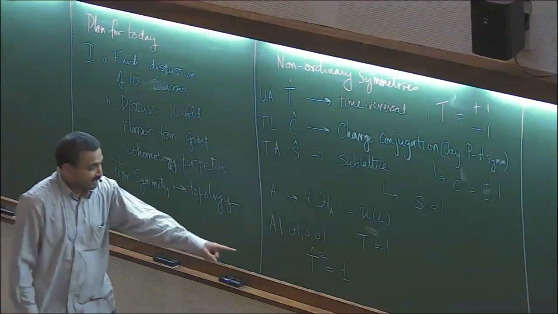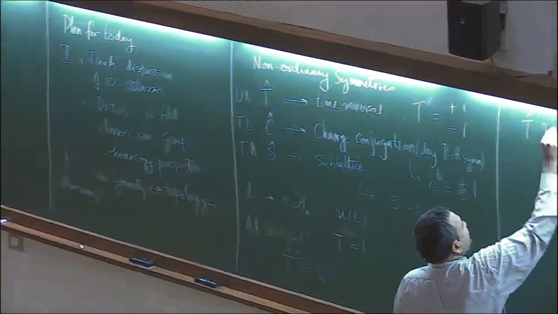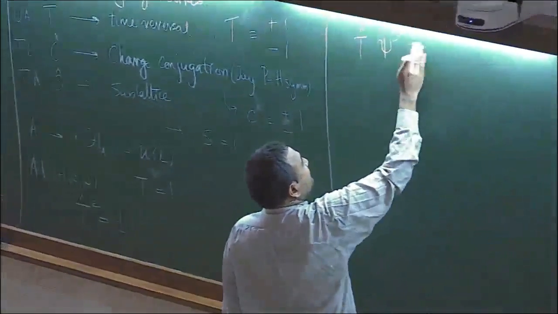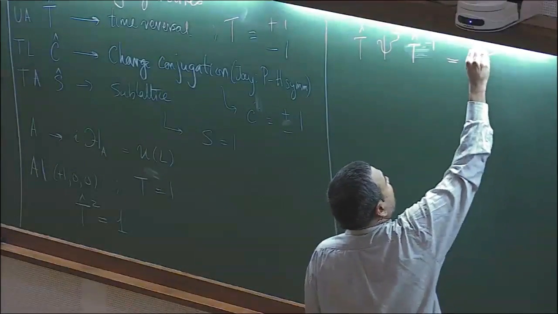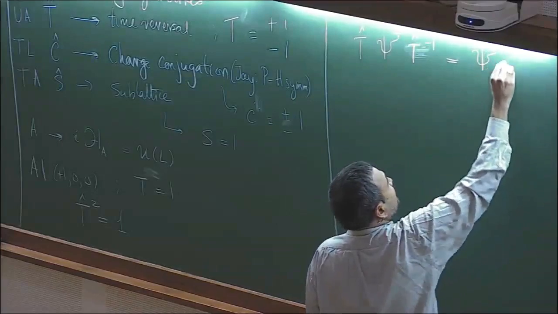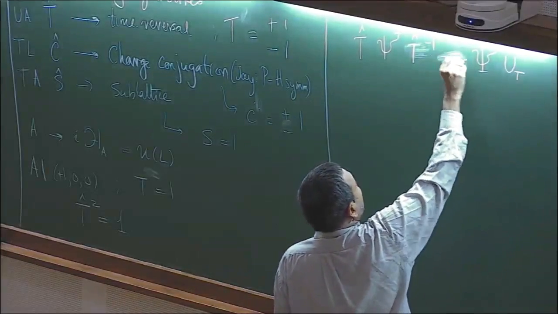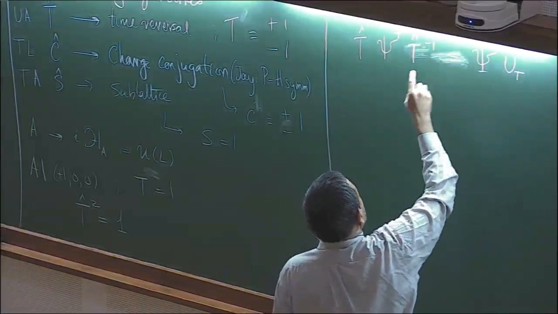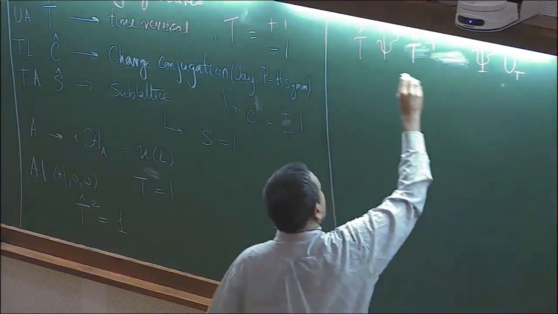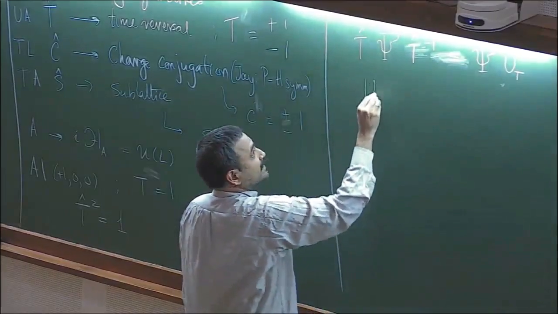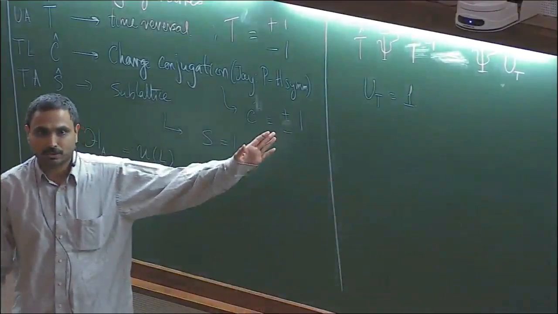And in this system, I showed that T ψ† T⁻¹ can generically always be written like this. Under the action of time reversal, the electron operators, or the fermion operators, become this. And I showed that we can always choose U_T to be identity. This is what I actually showed.